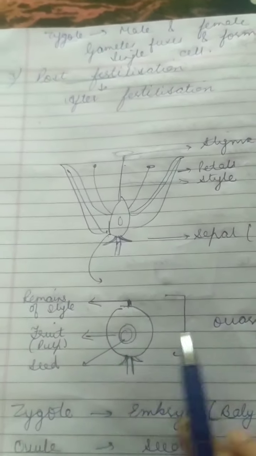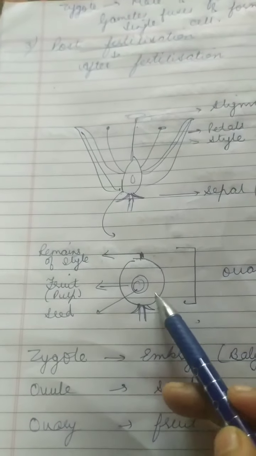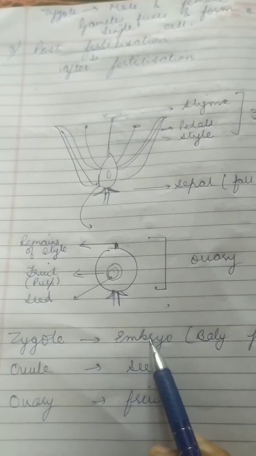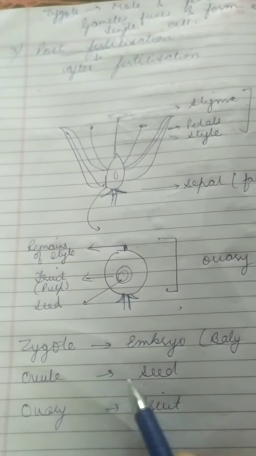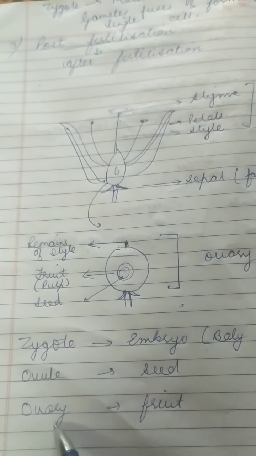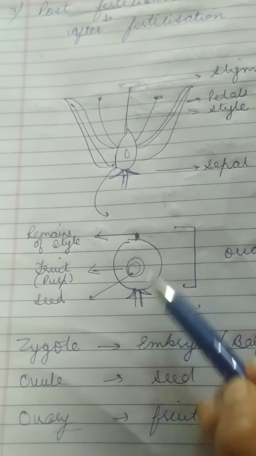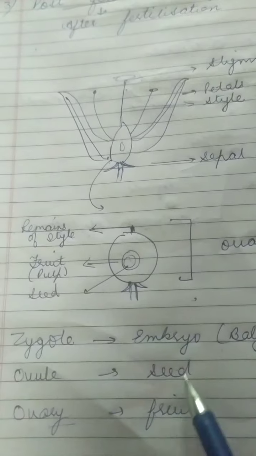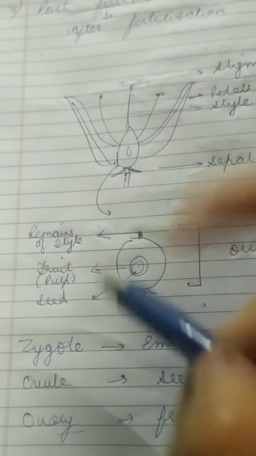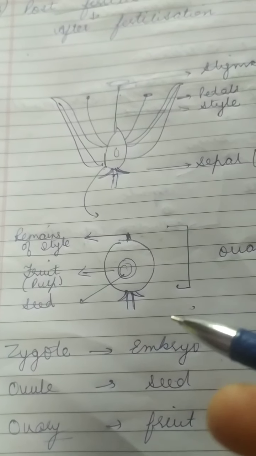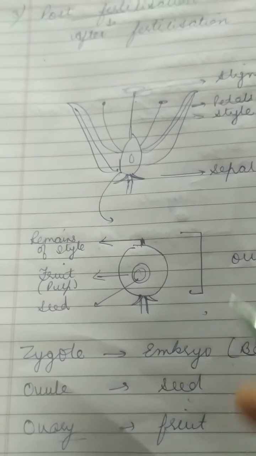You have already seen what happens to the ovary after fertilization. The zygote, a single cell, changes into the embryo or baby plant. The ovule becomes the seed, meaning its outer covering. The ovary becomes the fruit. This is the pulp. Inside the seed the embryo is already there, and it will grow further. When it gets favorable conditions, the seed grows into a new plant.